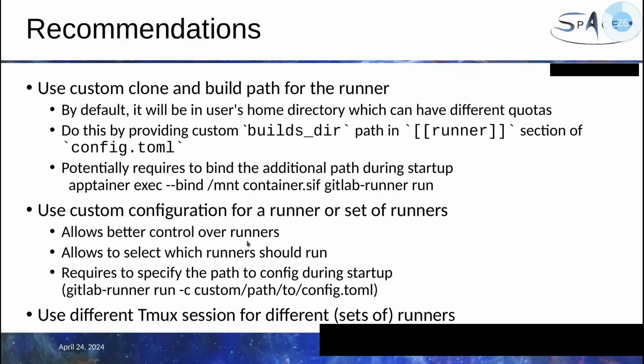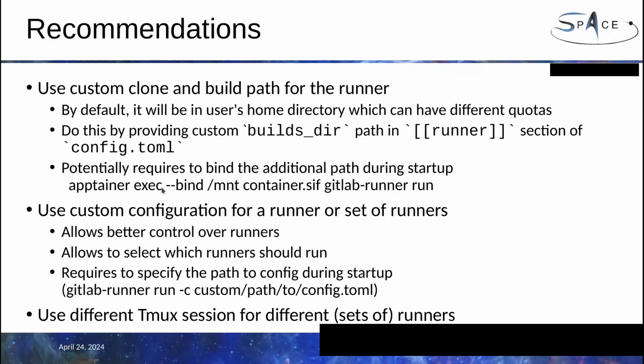So a couple of recommendations. I already mentioned this, but I really would emphasize using a custom clone and build path for the runners, or especially for different runners, so you know what is actually going on.